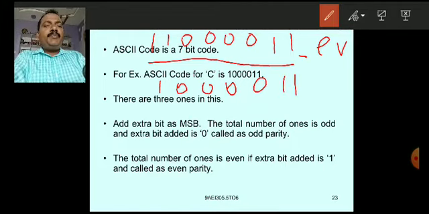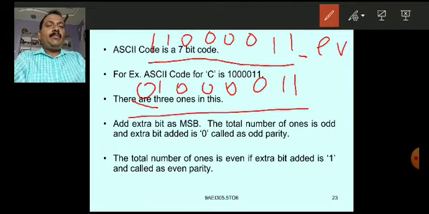And in the MSB position here, I will add a parity bit such that the number of ones must be odd. When is it possible? By adding 0 only it is possible. That means I added 0 to the message signal and made it an 8-bit message signal, adopting odd parity.